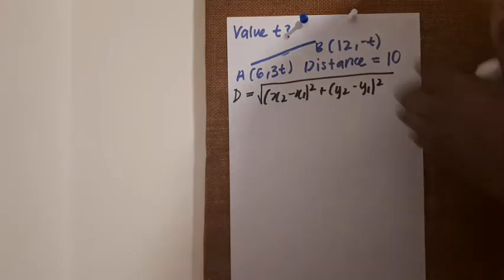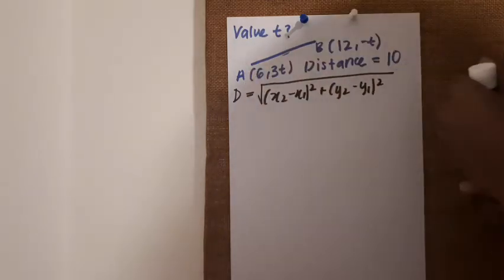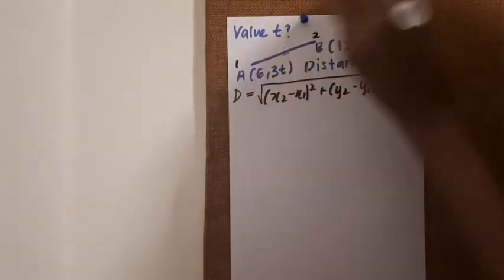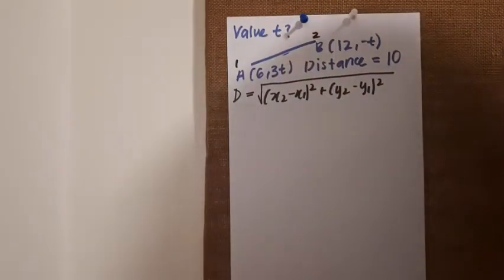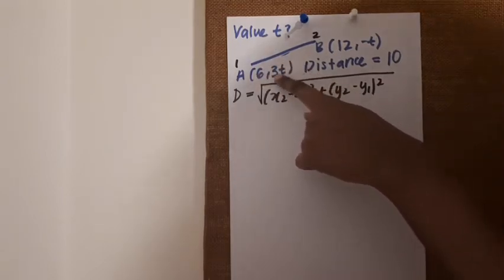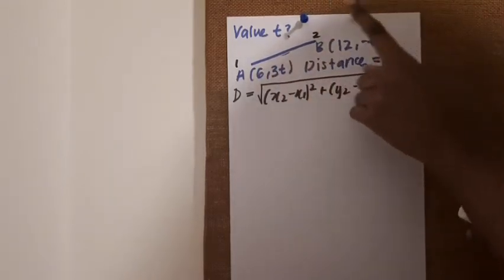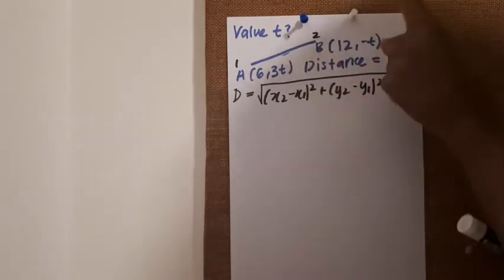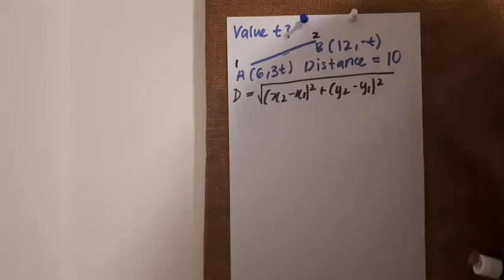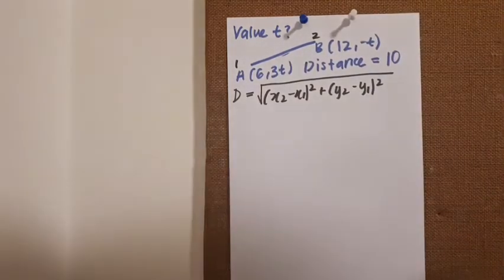I'm going to set this one as the first coordinate and this as the second coordinate. So the first coordinate x1 is 6, y1 is 3t, and for the second coordinate x2 is 12 and y2 is negative t.